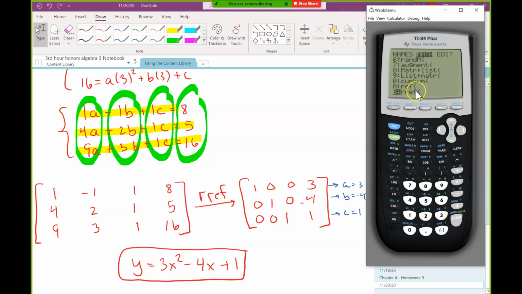Once I find RREF, I'll press enter to select that command and paste it to the home screen. And now I need to go back and retrieve this matrix A that we just made. So I'll go back to the matrix menu by pressing second and the X to the -1 button. This time I'm going to be in the Names tab. From the Names tab, I'm going to select matrix A. That's the one that we just filled in a second ago. Close the parentheses and press enter. And there's my output, which we talked about how to interpret.